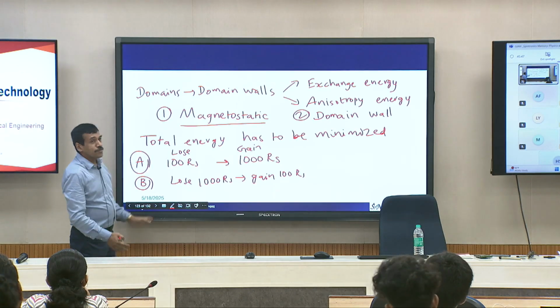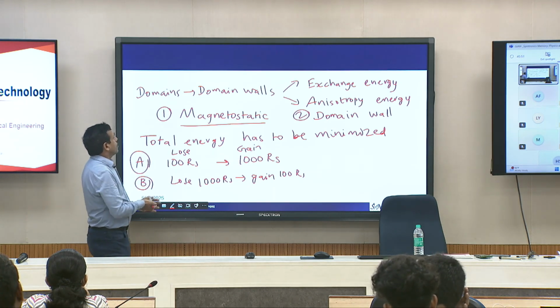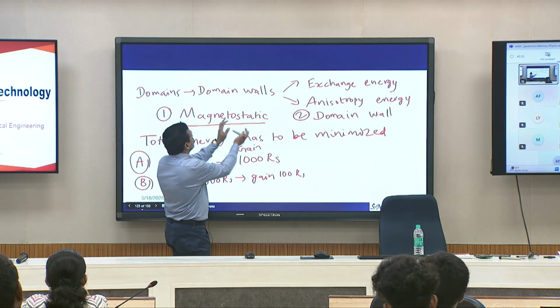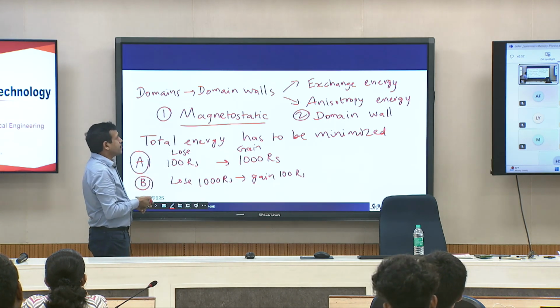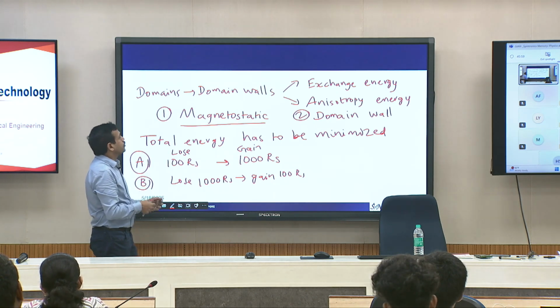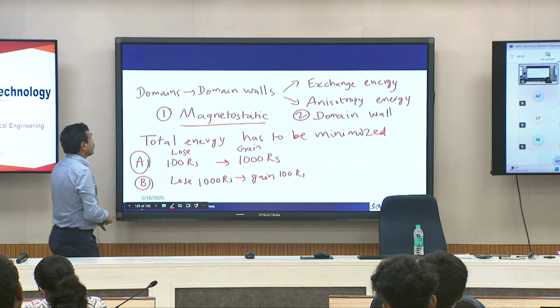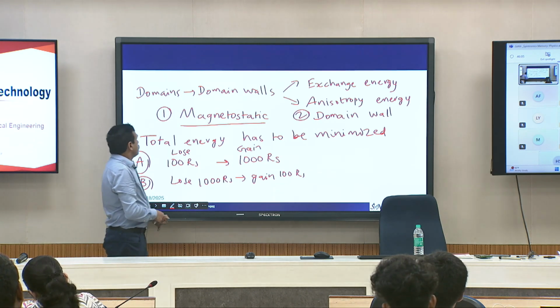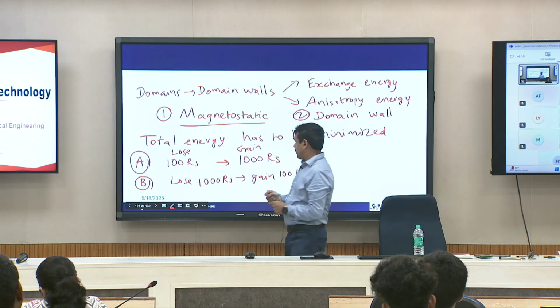The same thing applies here. The system will form domains if the gain, which is the minimization of magnetostatic energy, is a lot compared to the energy spent to form the domain walls. So, this is what determines whether domains will be formed or not.